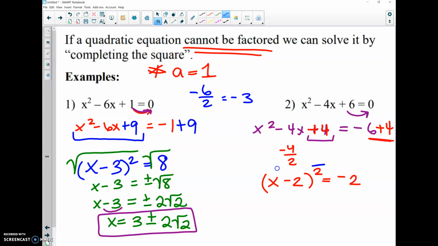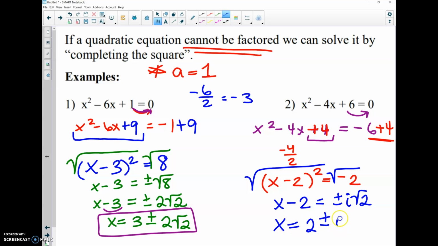Taking the square root of both sides, so we have a negative on this side, but we learned from last chapter that we have something special called I, or complex number I, so that would be plus or minus I square root of 2. X minus 2 equals, last step, move 2 to the other side. 2 plus or minus I root 2. That is our final answer.